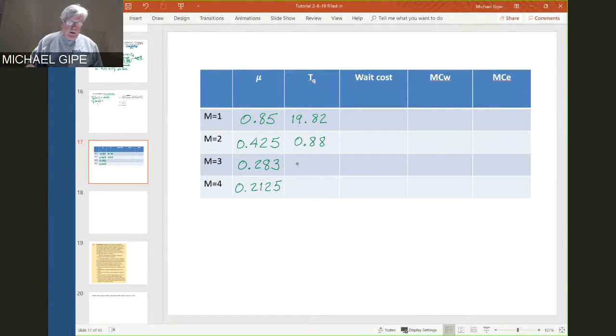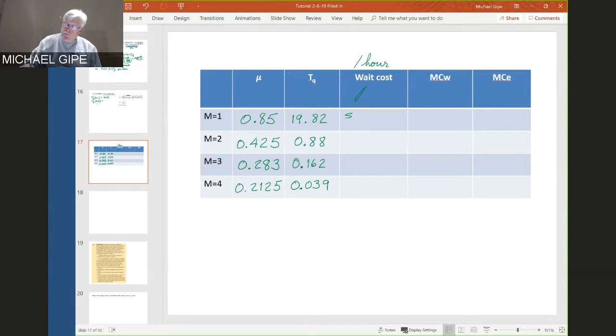And we go to 3, it works out to 1.162, and for 4 employees it's 0.0039. Pretty big. Now we're going to calculate the cost of waiting per hour. That's multiplying by 22.5.